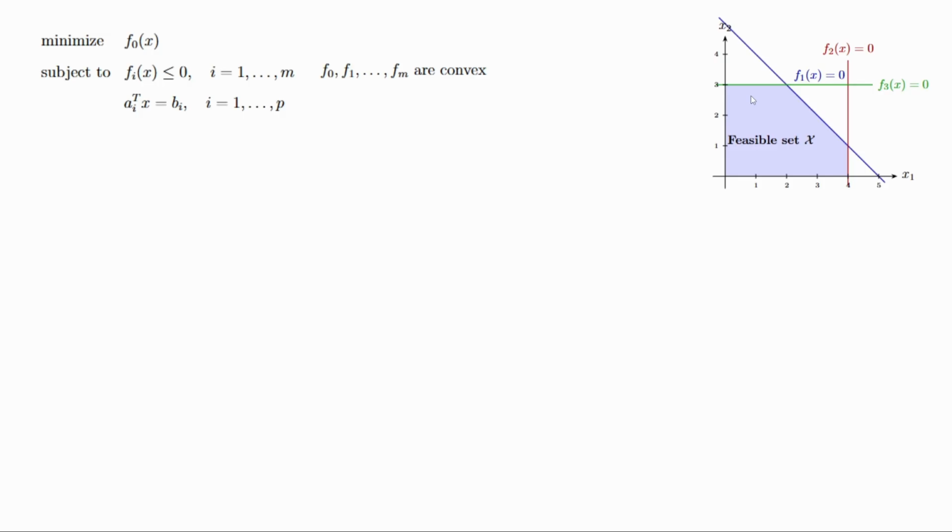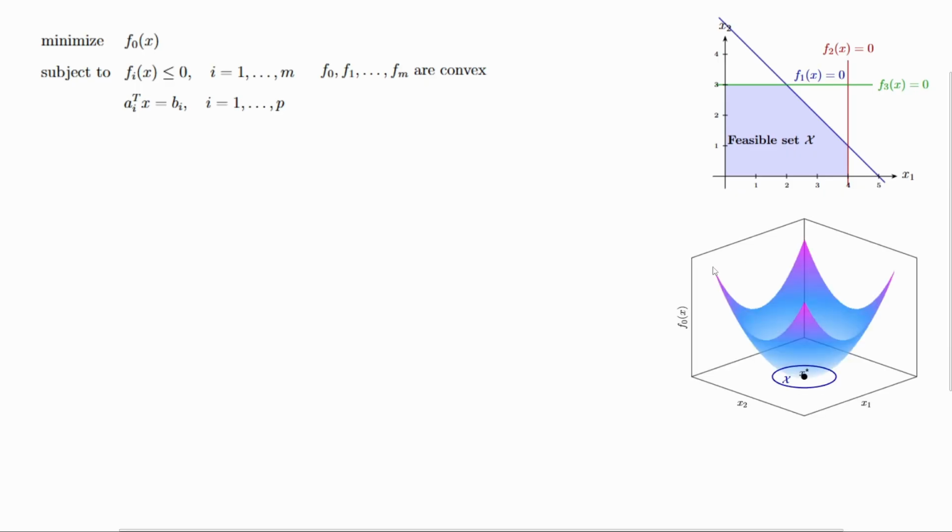Geometrically, you can think of this as a bowl-shaped objective sitting over a convex region of its domain. Here's another diagram just to illustrate my point. We have the objective function here, which we want to minimize, and we have 2 variables x1, x2. So we can see here that the feasible set is just illustrated as a circle.